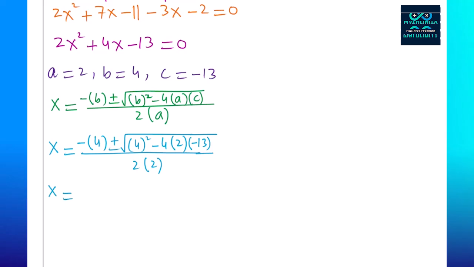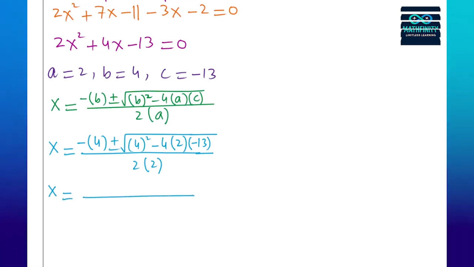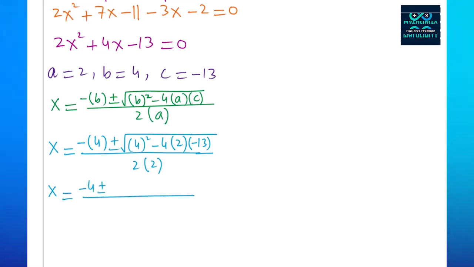X is equal to negative 4 plus or minus the square root. Here it will be 16, and negative and negative will become positive, and 4 times 2 is 8, times 13 is 104. 104 plus 16, we will get 120.